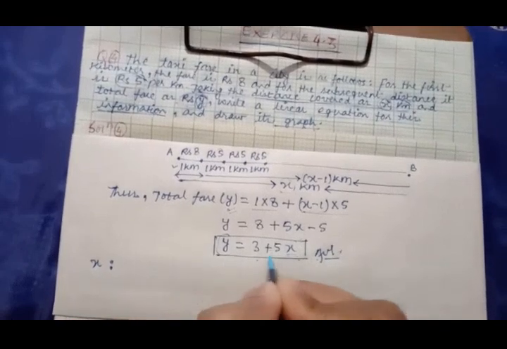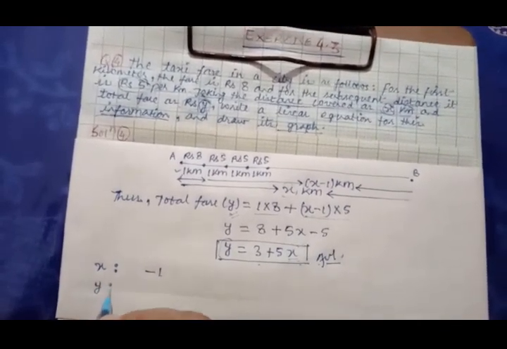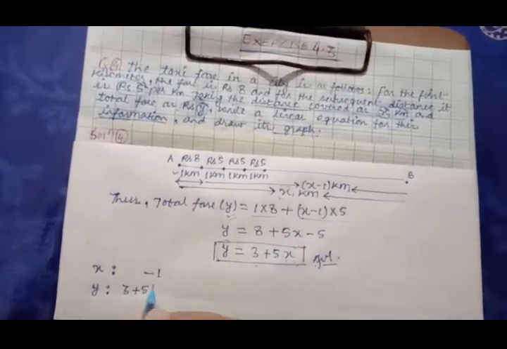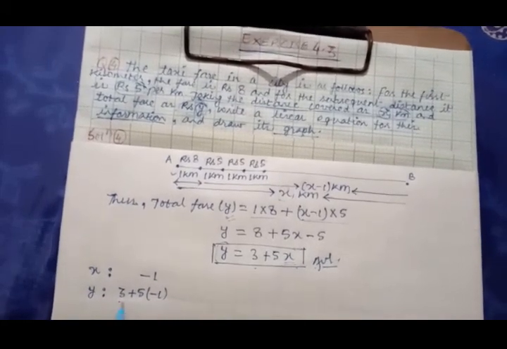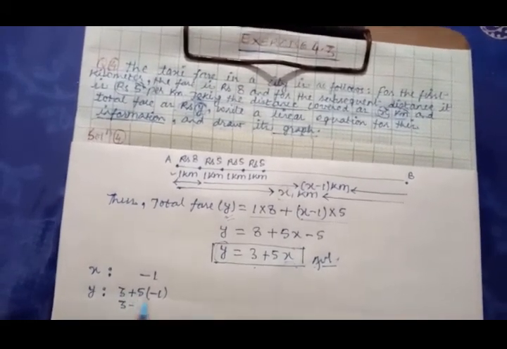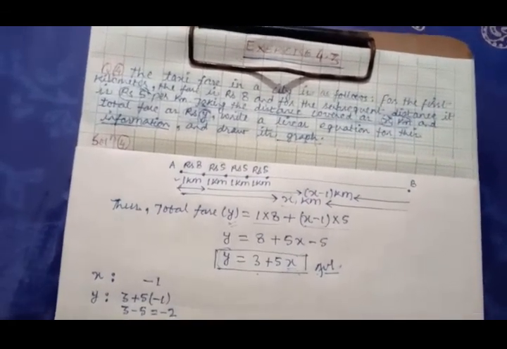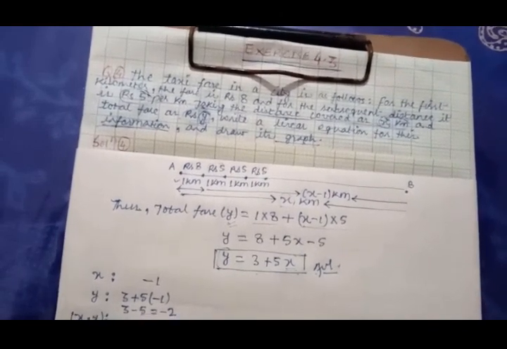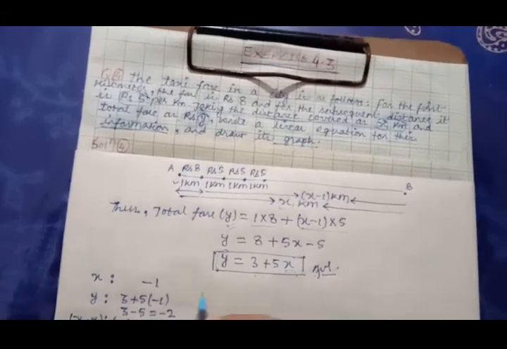So I used x equal to minus 1, for which y becomes 3 plus 5 into minus 1. So this is 3 plus minus 5 ones are 5, minus 2. So first solution of that linear equation becomes x minus 1 and y minus 2.